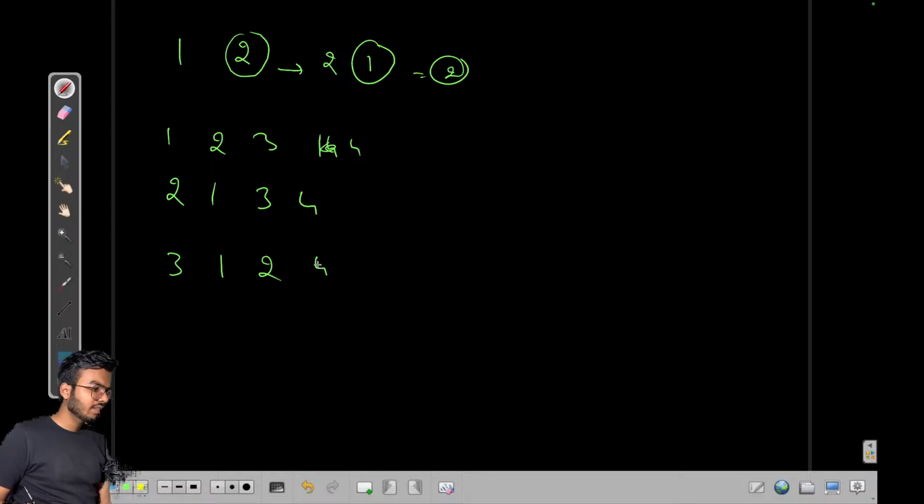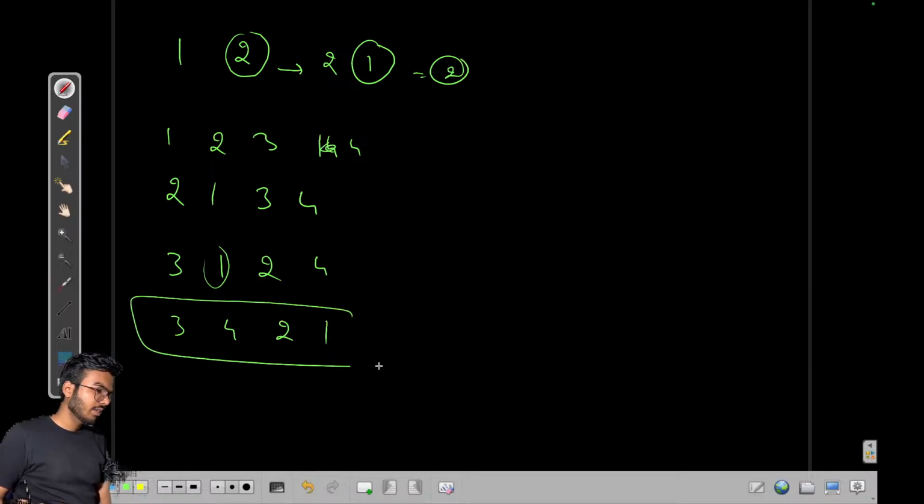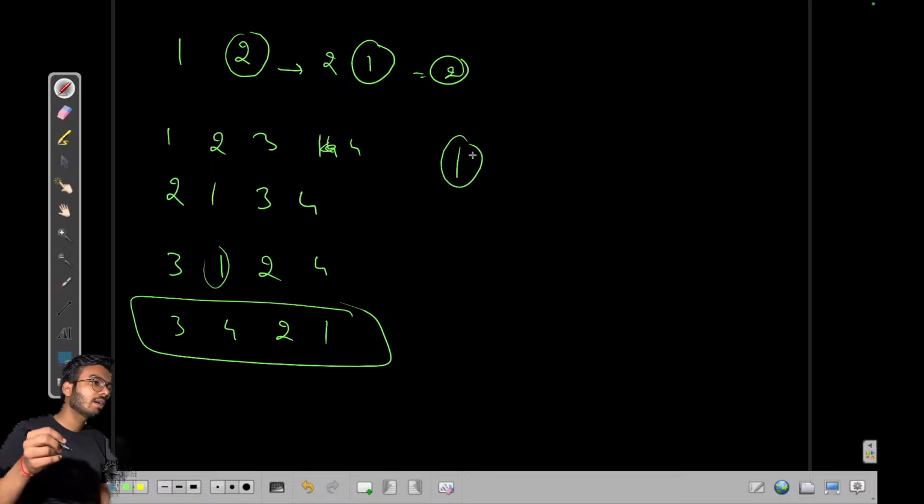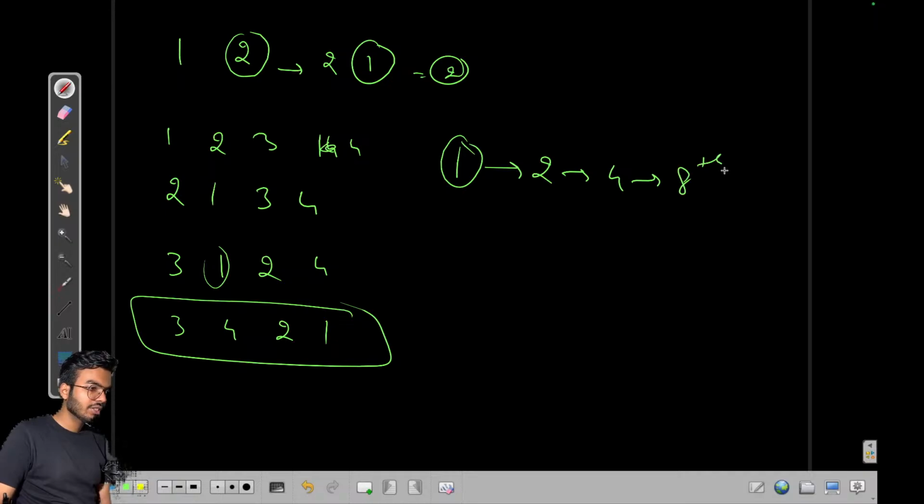Now the largest divisor of 4 is 2. So since it is at position 2, we will swap these. So 3, 4, 2, 1. So what I think is, if it is at position 1, it will get swapped with the value at the largest factor, which should be 4. So it will go to 2, then it will go to 4, then it will go to the 8 position, like that.